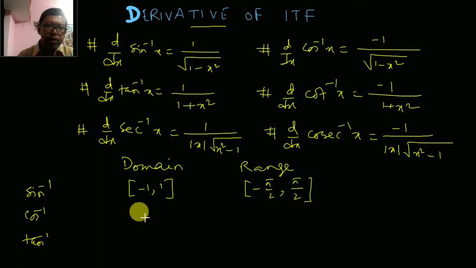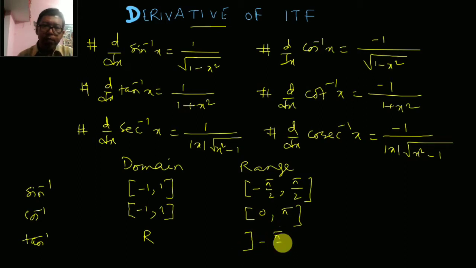Next, cos inverse, its domain is the same, minus 1 to 1, and its range is the closed interval 0 comma pi. And tan inverse, its domain is R and range is the open interval minus pi upon 2 comma pi upon 2.